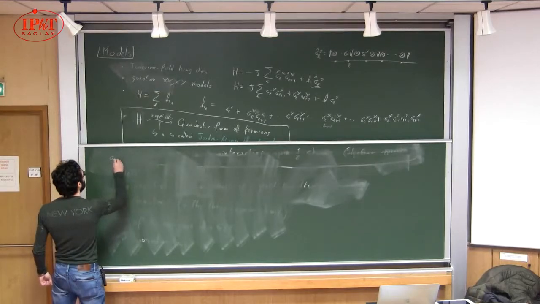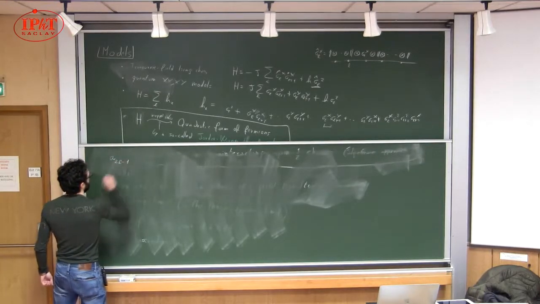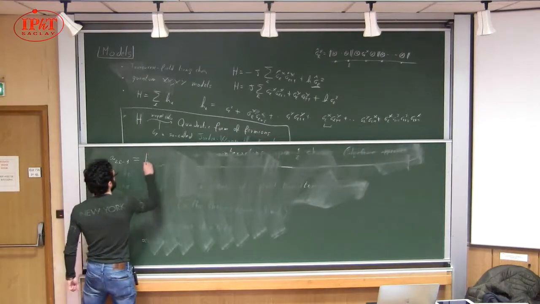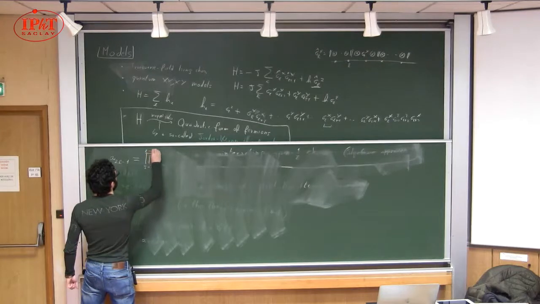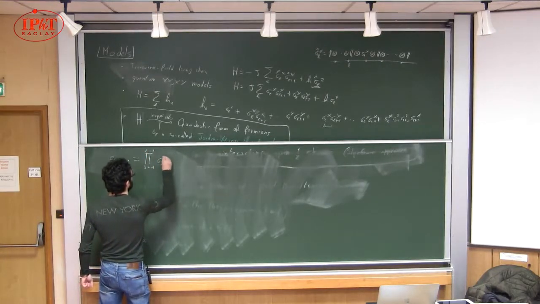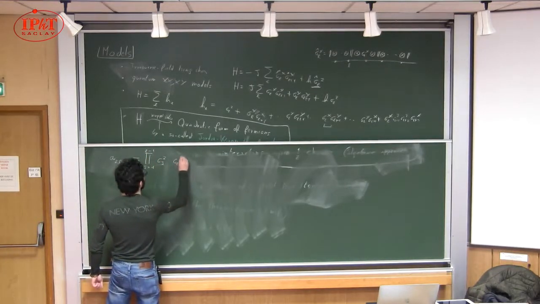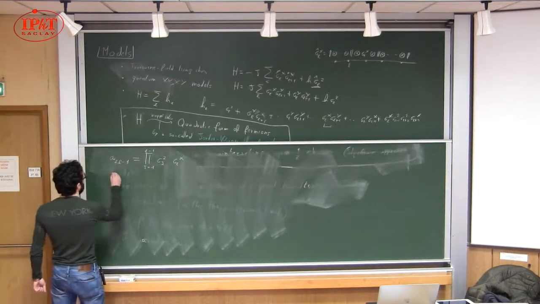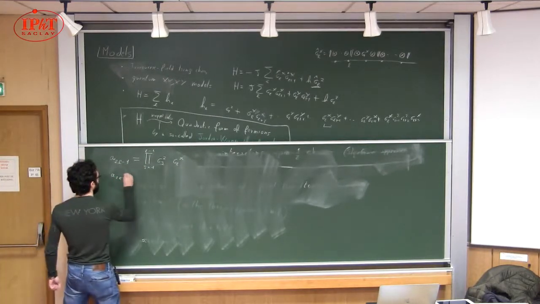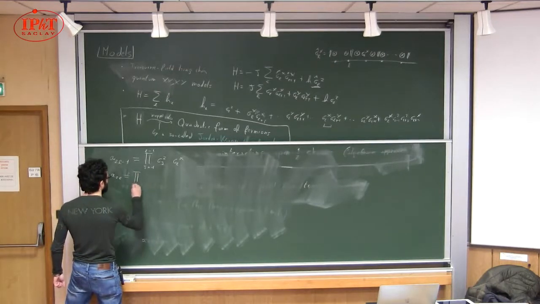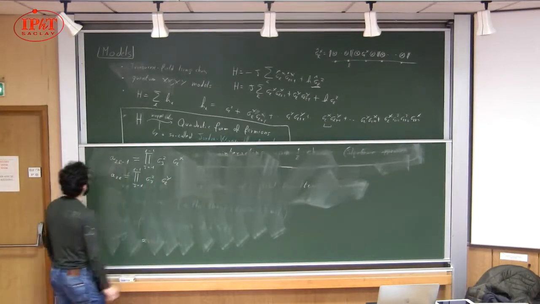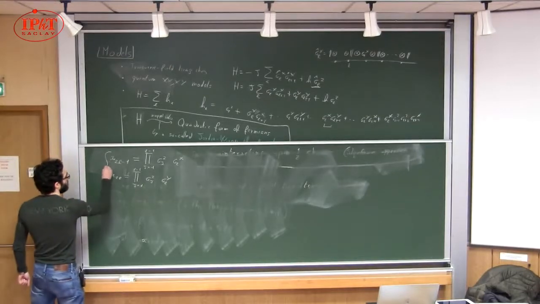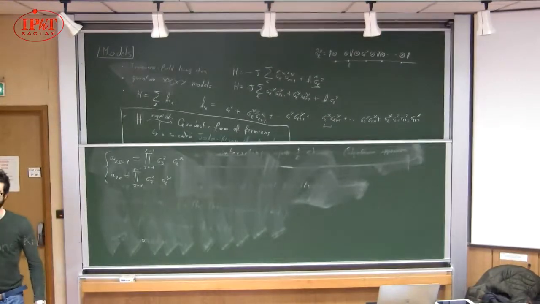Let's call it A_{2l-1}, which by definition is equal to the product from j equals 1 to l minus 1 of sigma_j^z, times sigma_l^x. And you define A_{2l}, which is equal to the product from j equals 1 to l minus 1 of sigma_j^z, times sigma_l^y. This is just definition. Okay?